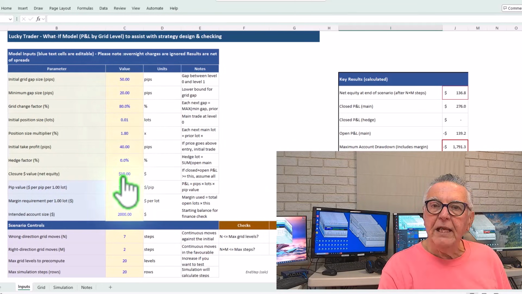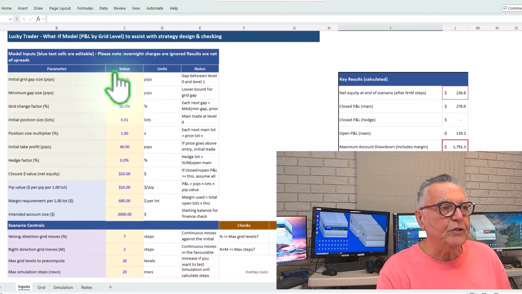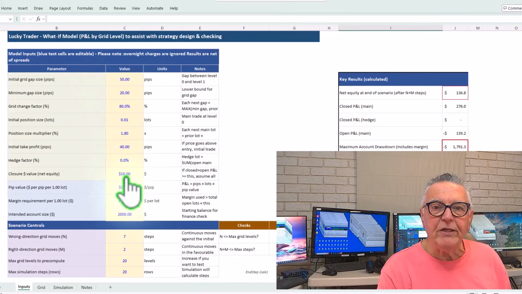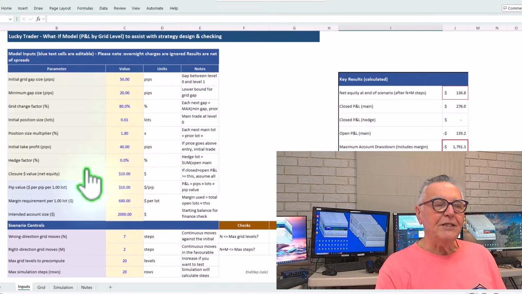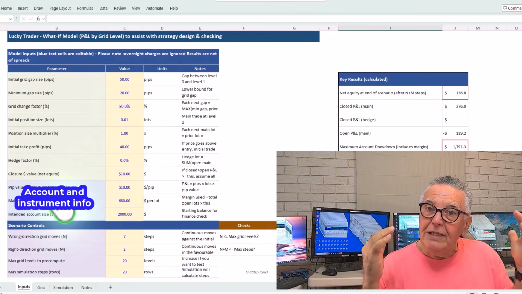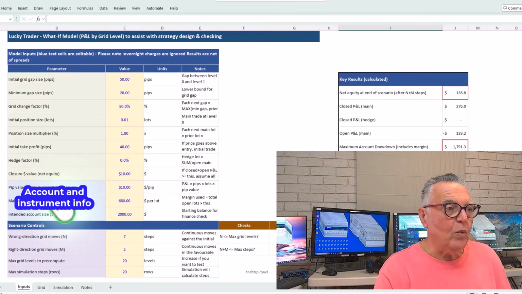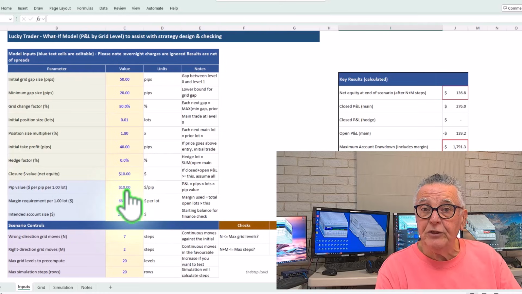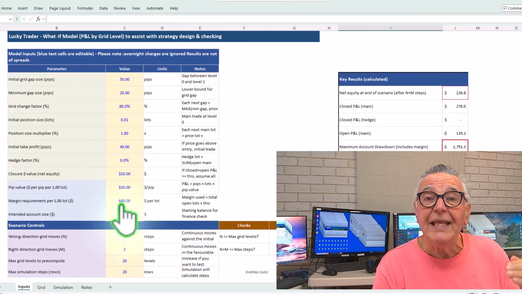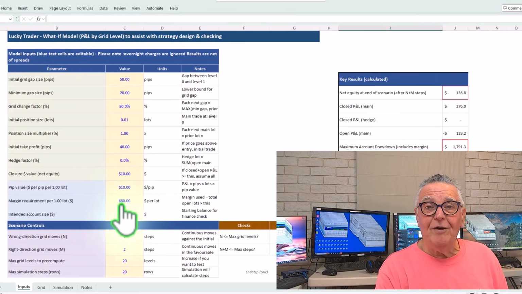Those blue inputs are flexible, and you can play around and change those to see what results you get when you change them. Also, before you can even start using this model, you need to tell it the nature of your trading account, what the pip value is of the instrument that you're using, what the margin is of the instrument that you're using, and then the size of your account.